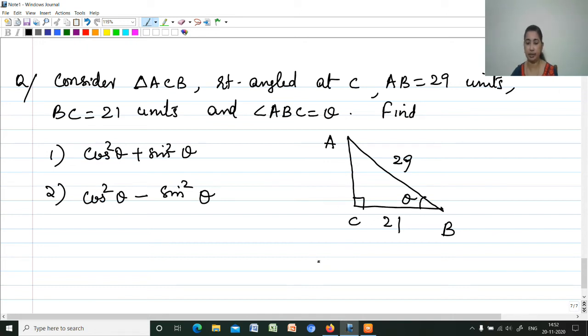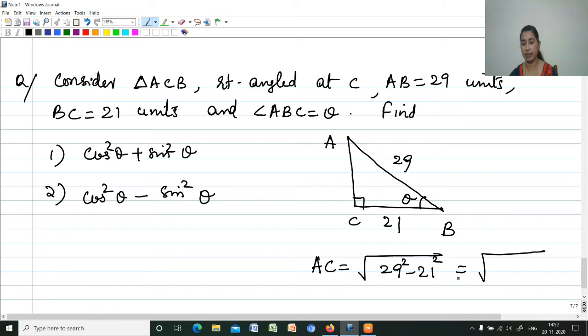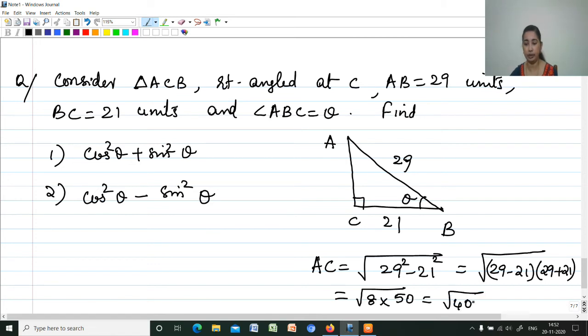So this AC we can find out by using Pythagoras theorem, that is root of 29 square minus 21 square, and that is a plus b into a minus b, that is 29 minus 21 into 29 plus 21, and that is equal to root of 8 into 50. That's equal to root 400, which is equal to 20. So AC is equal to 20. This side is 20.